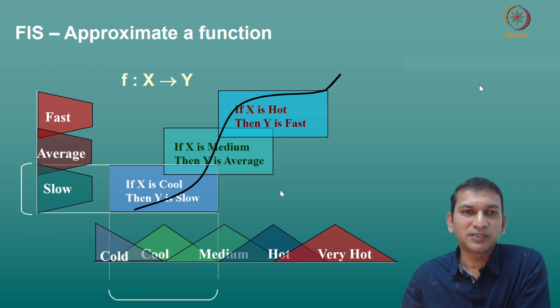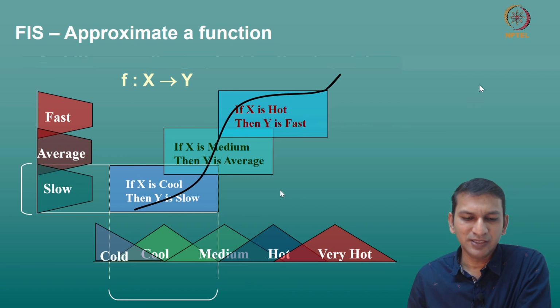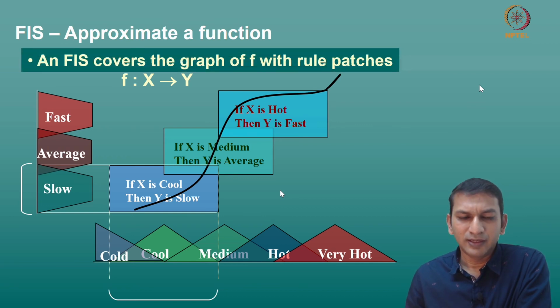If you want smaller patches, then what do we need to do? We need to have more fuzzy sets. That means the granularity on the input and output domains should go up. For instance, this is what we had in this case. Remember, once again, we are looking at fuzzy inference systems which cover the graph of F with rule patches.